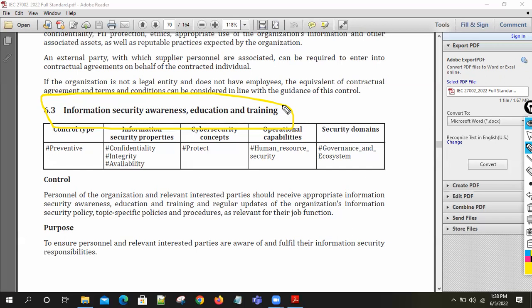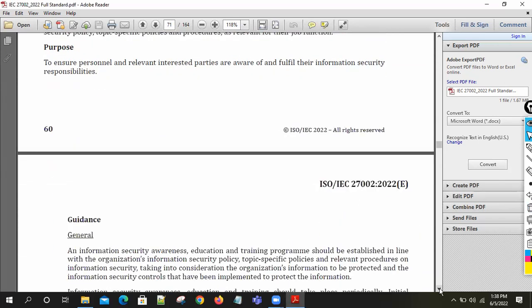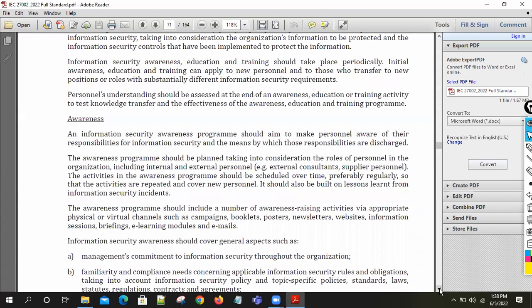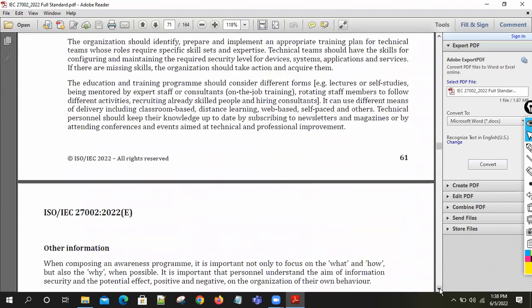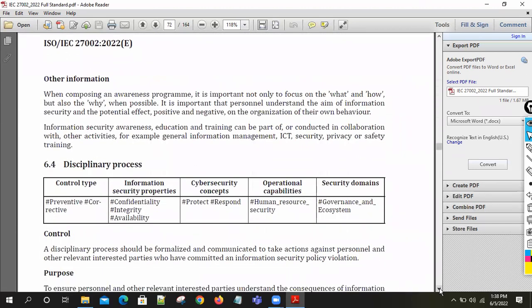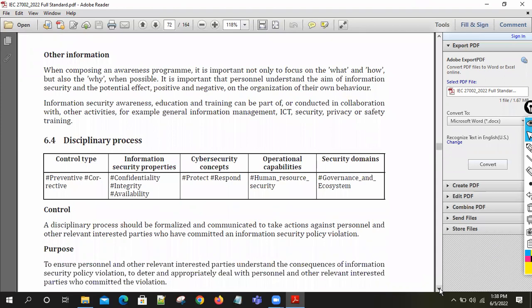So we should have a proper policy for that. We can form a policy, so that within the organization there is a proper policy on how we are going to give the training to the employee.